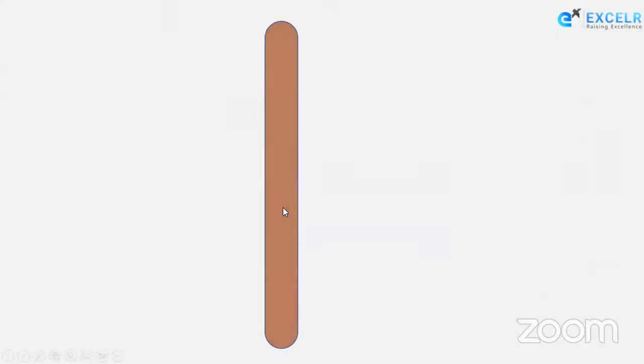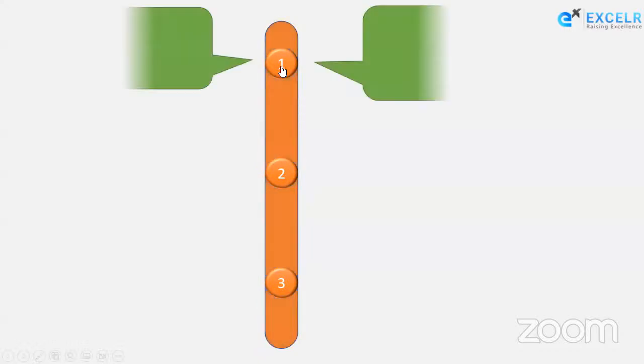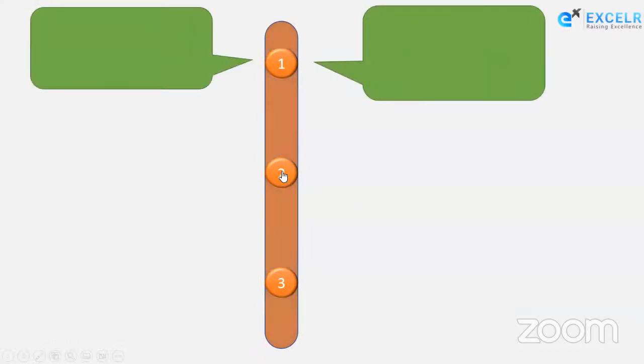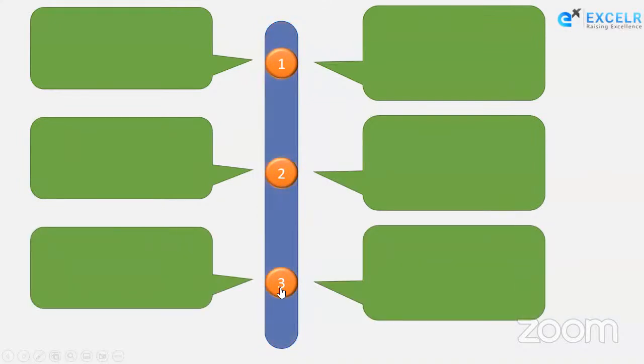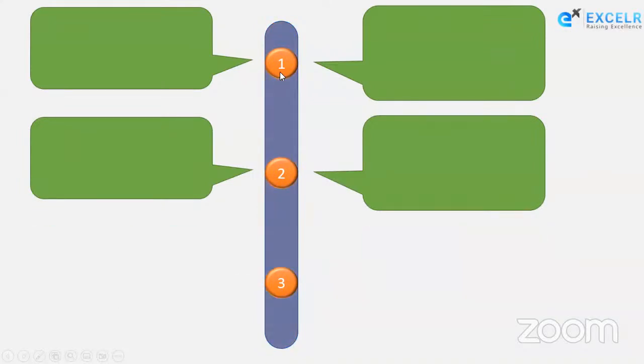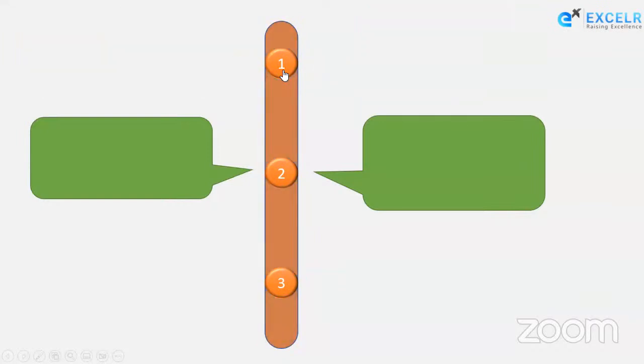When I click once more, I see point 1, point 2 has come on one click, and point 3 has come. Now whenever I click on any of these buttons, you will see these callouts coming out. Whichever I want to close, just click on it, and you will see that it will go in.